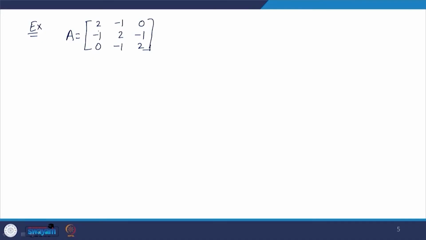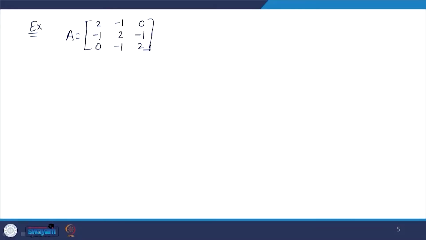Just check this matrix: 2 minus 1 0, minus 1 2 minus 1, and 0 minus 1 2. One check is you can write the quadratic form as a sum of squares, but that is not an easy task for bigger matrices. So the pivot test is quite helpful in this case.